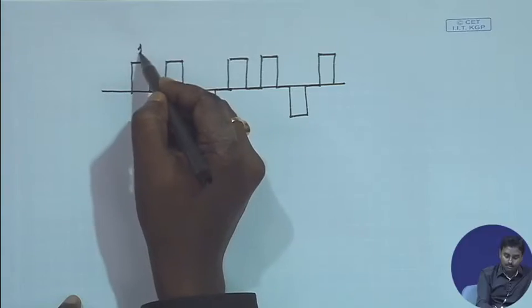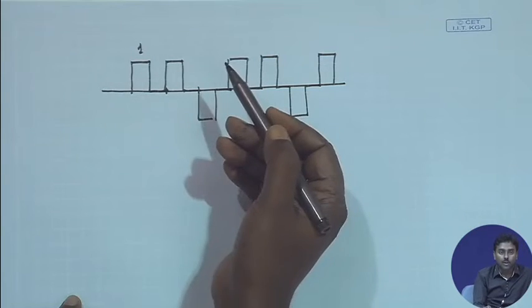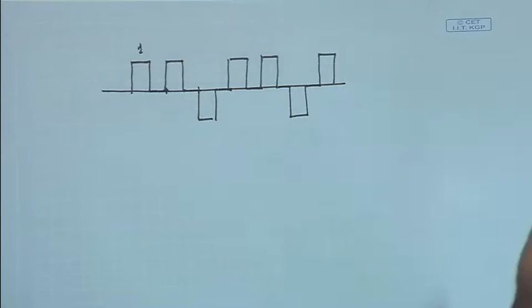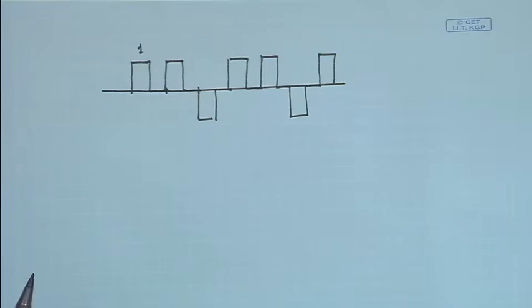The only statistical property we are assuming over here is that the bits do not have any correlation. That means, if this is 1, there is no correlation that the next one should be 1 or 0. It can be 1 or 0 with equal probability, and also we have equal distribution of 1s and 0s.